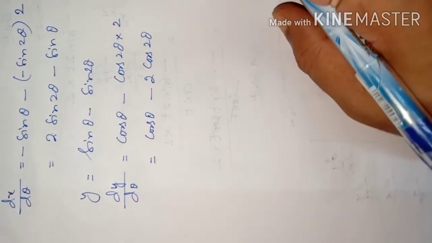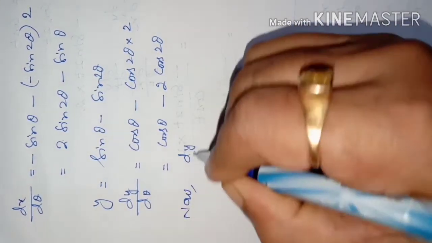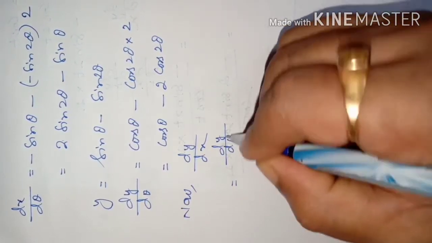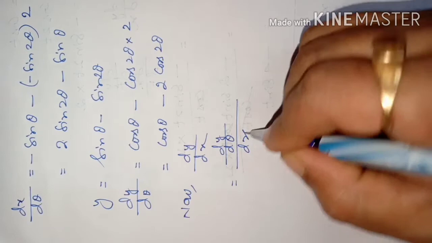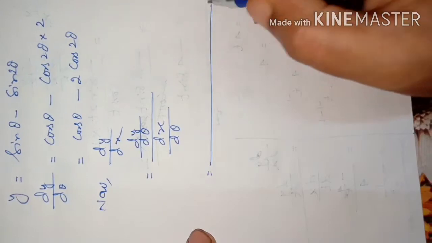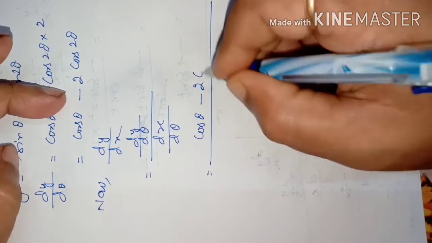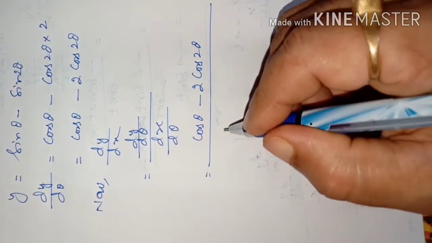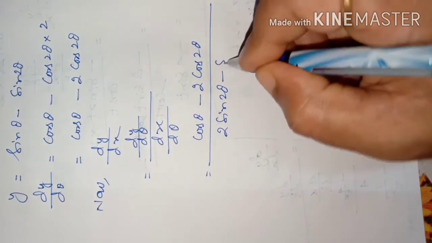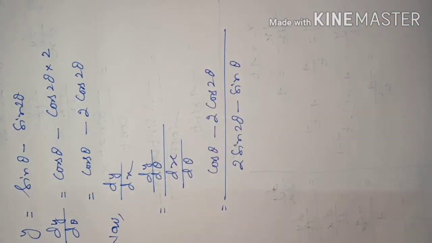For dy by dx, what do we do? dy by dx is equal to dy by d theta divided by dx by d theta, which will give us cos theta minus 2 cos 2 theta divided by 2 sin 2 theta minus sin theta. Okay, so this is the answer for this number.